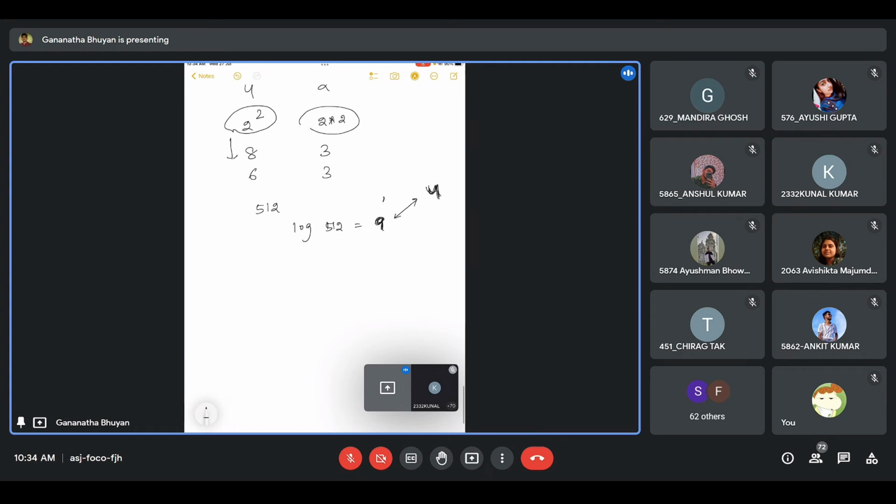What is 2 to the 16? Let us say the value of n is 2 to the 16.